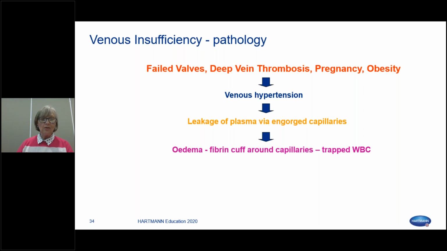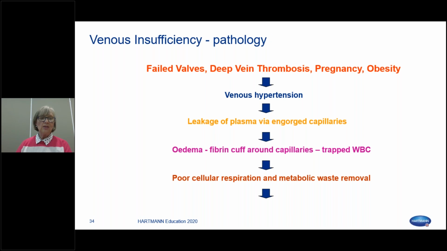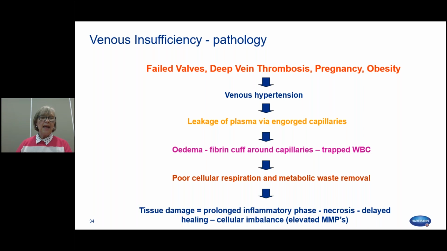So the white cells are trapped within the tissues. This then leads to poor cellular respiration as a result of a lack of oxygen in the tissues and metabolic waste removal. So that's all that toxic fluid just sitting in the tissues, and that damage leads to a prolonged inflammatory stage, necrosis, delayed healing, and of course a cellular imbalance.